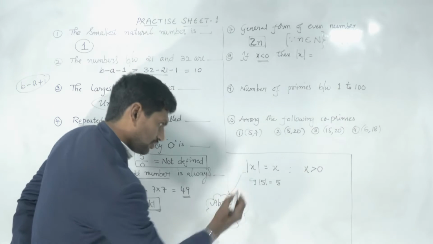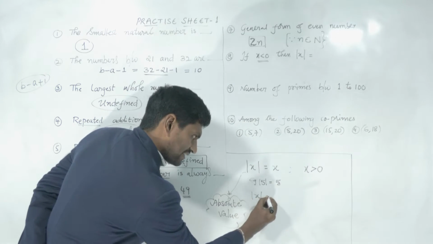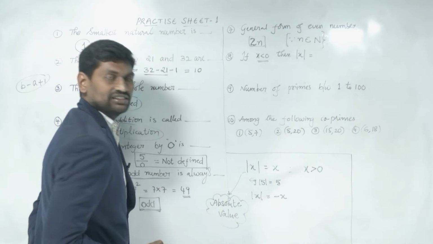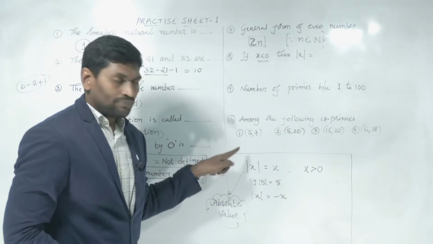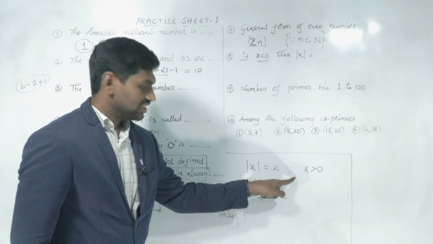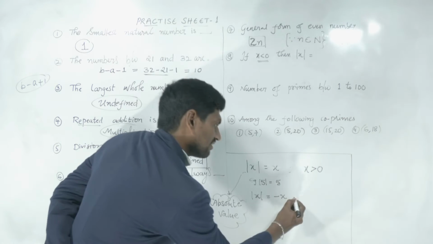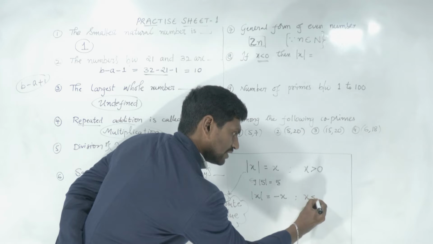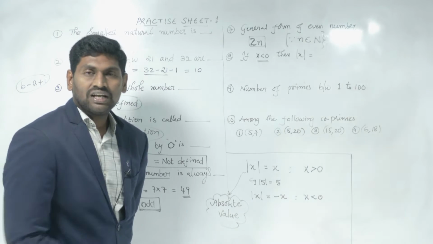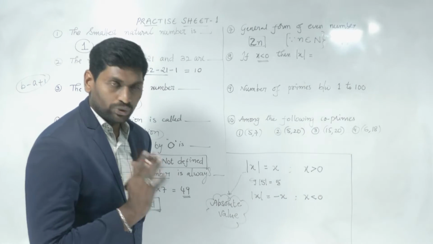Now second, modulus of x is minus x, where the x value is less than 0. Less than 0 means negative integers.